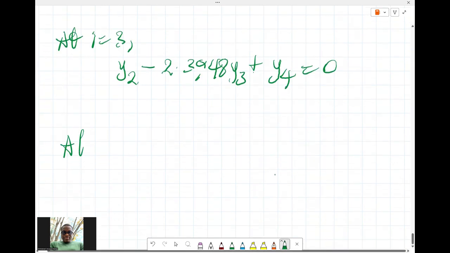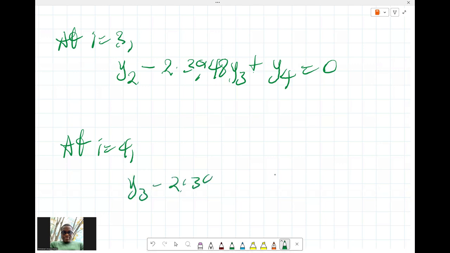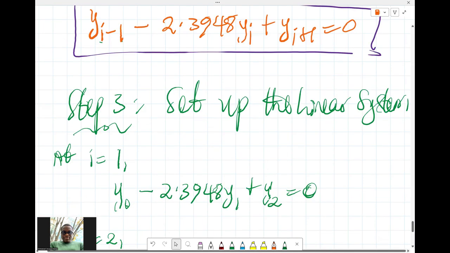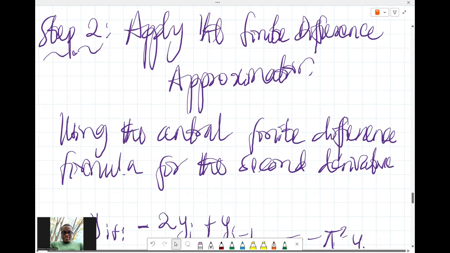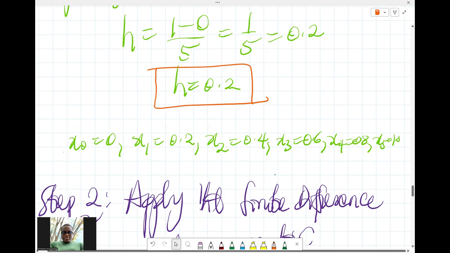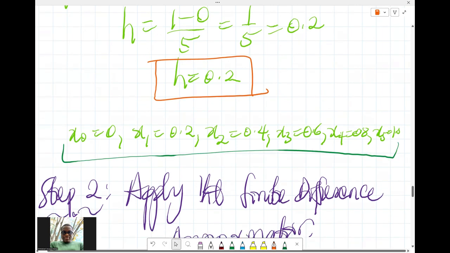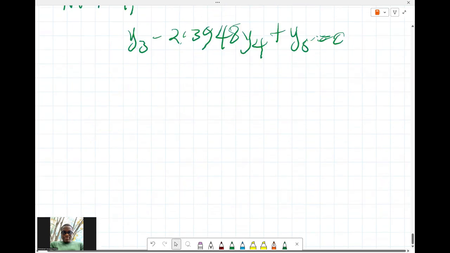Then we say at I equals 4 now. So it means 4 minus 1, that's y3 minus 2.3948 y4 plus y5 equals 0. So we know already, based on the step size we have, we go from x0 to x5. So it means we also need up to y5, and we have all of that here right now.